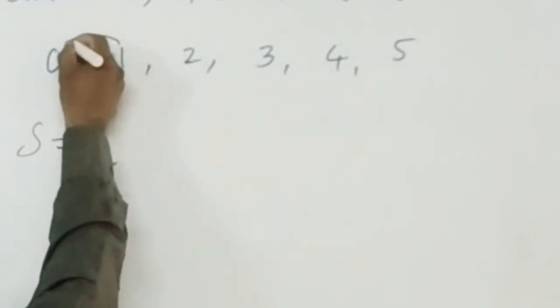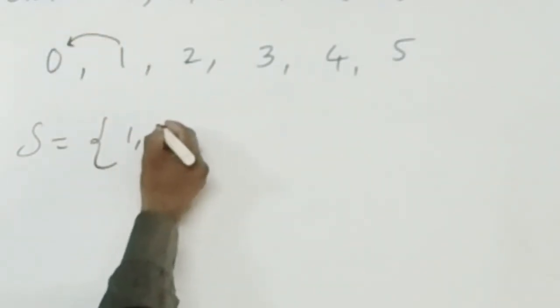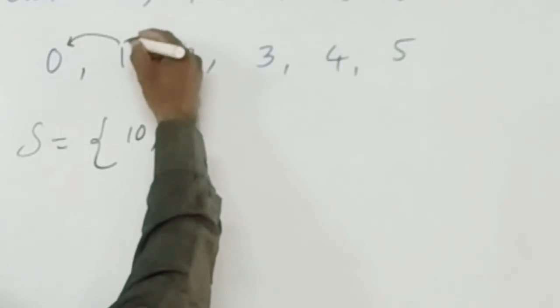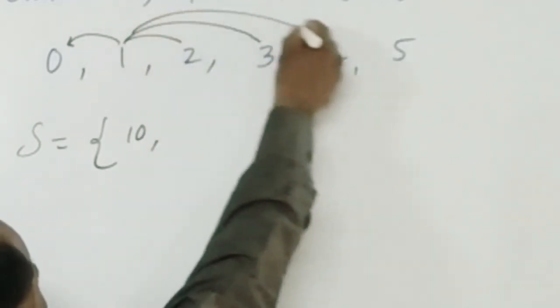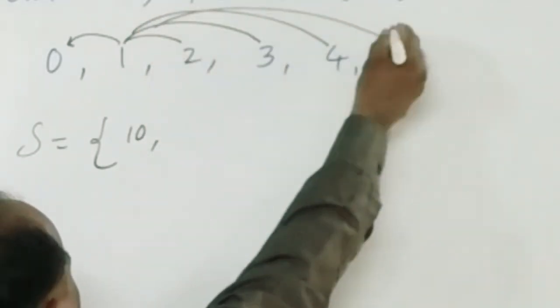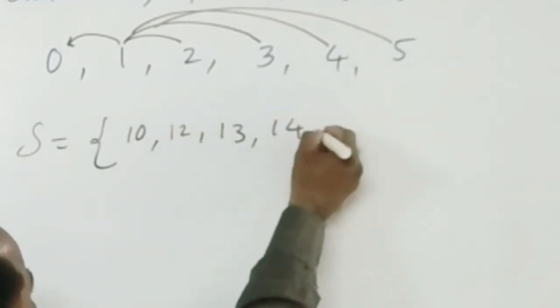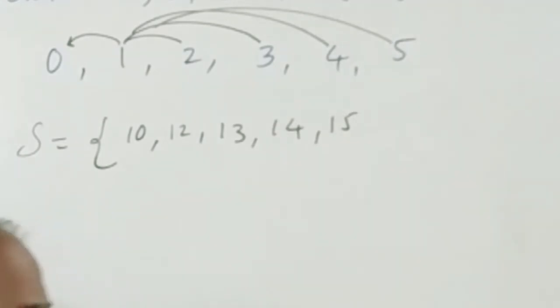1 will go with all: 10, 12, 13, 14 and 15. So these are the 2-digit numbers which have a combination with 1 and the rest of the digits.